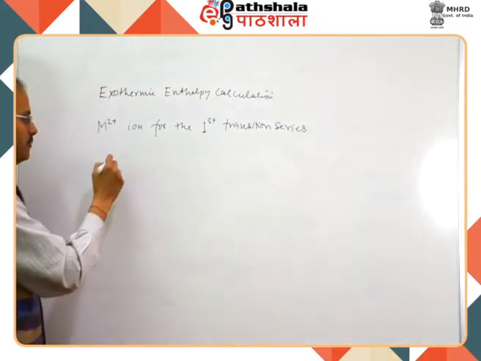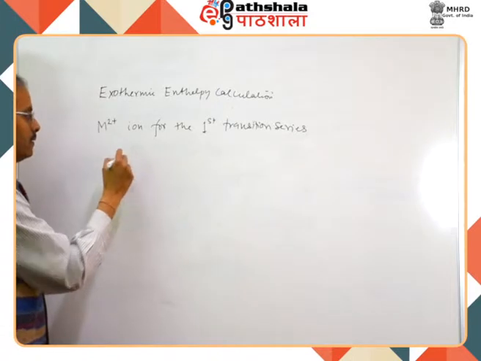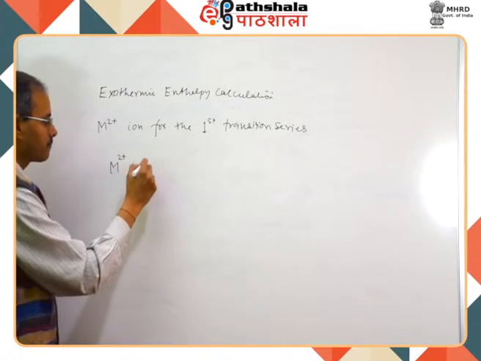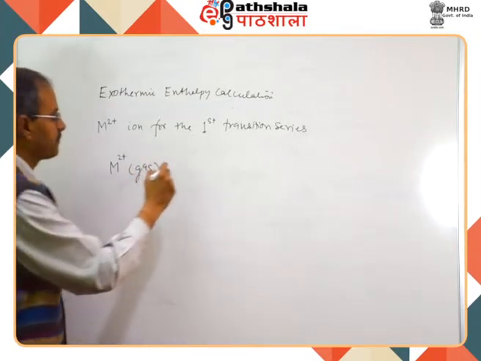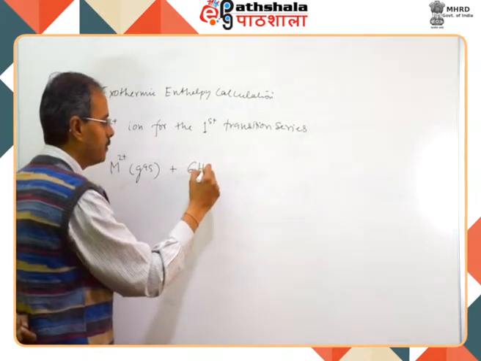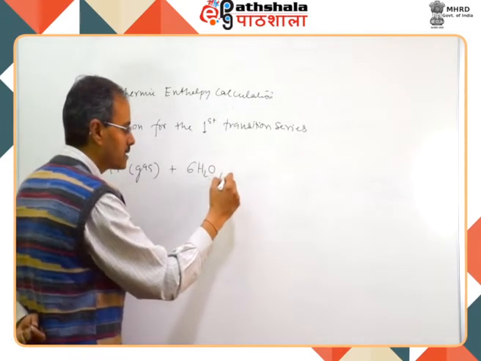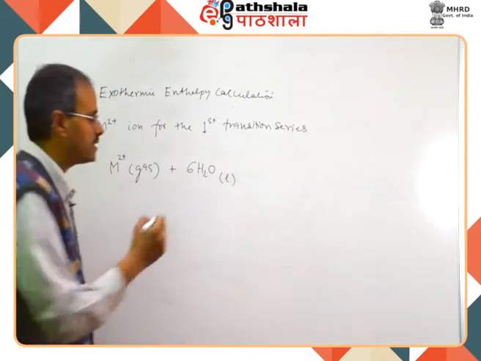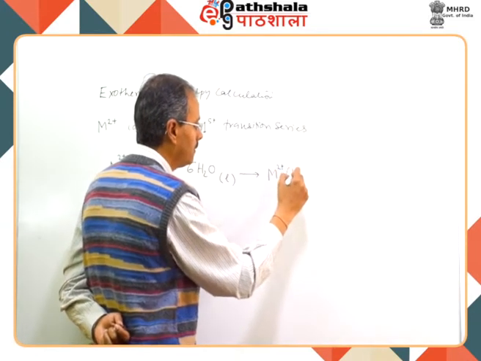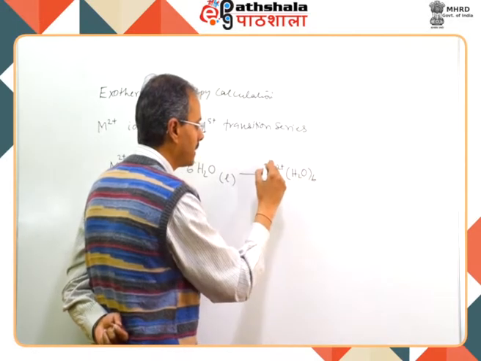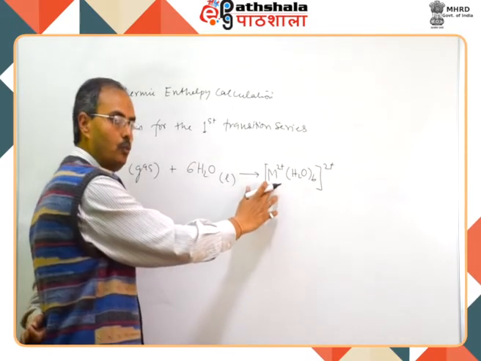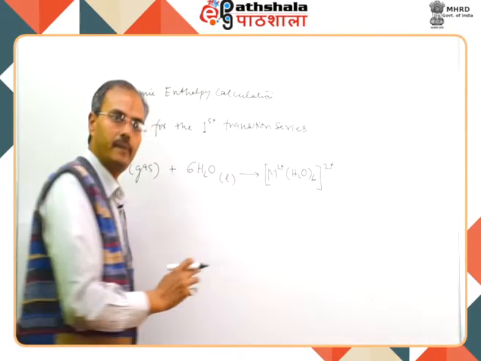So we start from a metal ion in the M2 plus state. We start from the gas phase, and this gas phase metal ion reacts with 6 water molecules. That means this is going to be in the liquid state or the condensed phase, and then it will form this complex. That means a metal ion in the 2 plus state is surrounded by 6 water molecules.